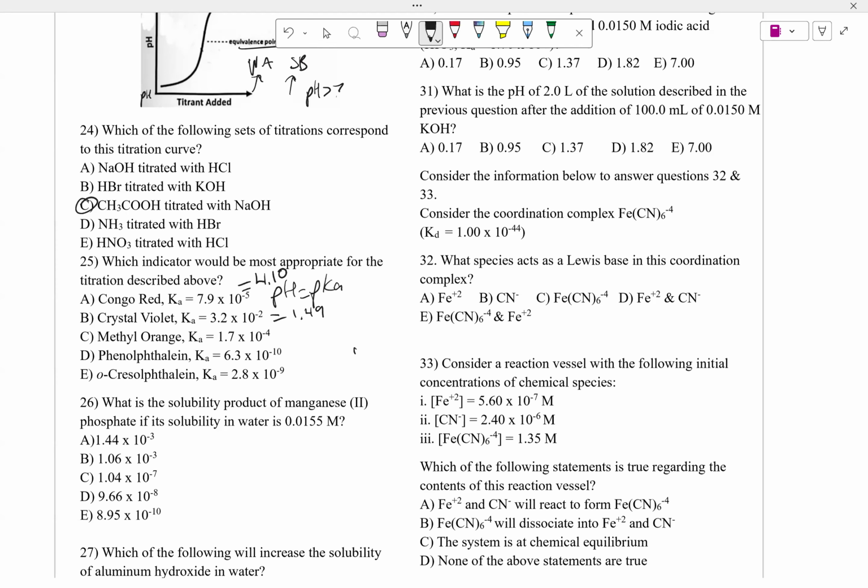Here is the negative log of 1.7 times 10 to the negative 4, 3.77. I'm just going to keep doing this until I get a value that's close to the equivalence point.